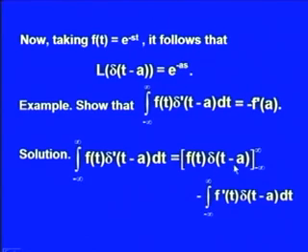Now, delta (t minus a) is defined as 0 everywhere except at t equal to a, where it takes value infinity. So, this will go to 0 as t goes to infinity or minus infinity.